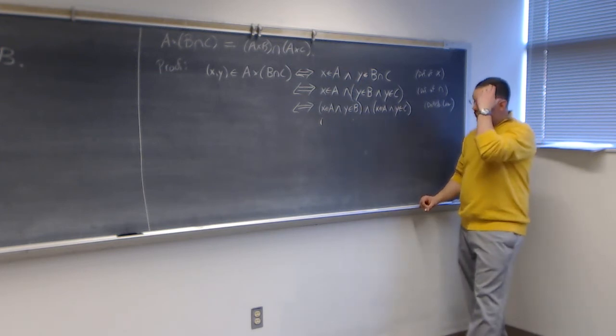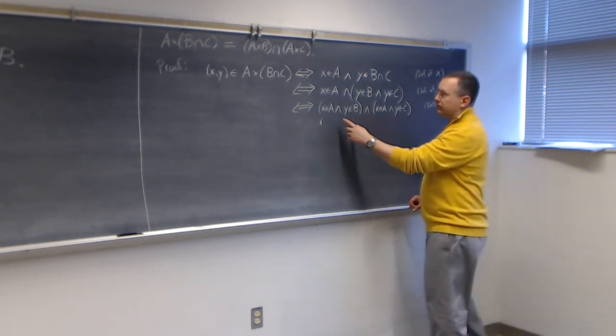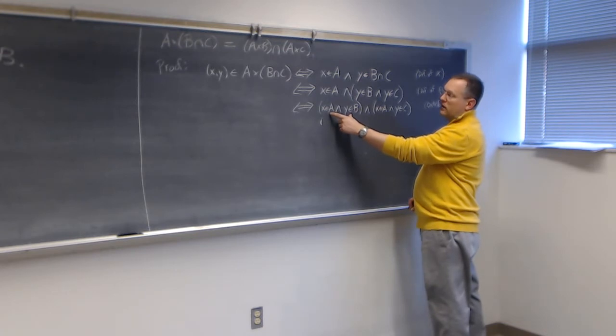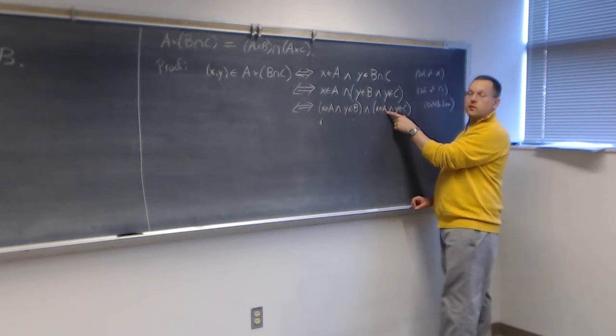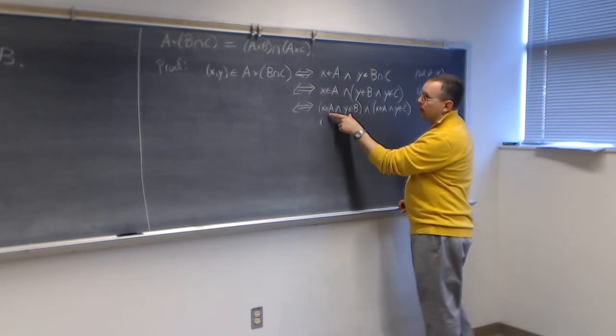Okay. Why would I do that? Because I know where I'm going to go. I'm trying to get something with A cross B and A cross C, and some kind of intersection.